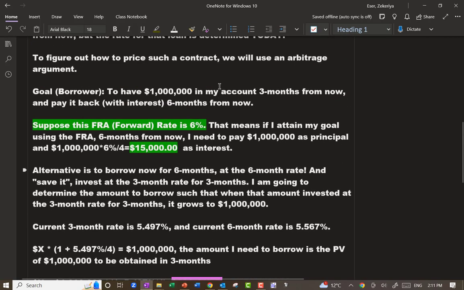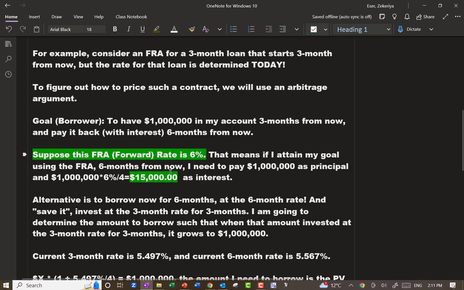If you think about it, that's how we calculated that 15,000. Okay. Million times the forward rate divided by 4.